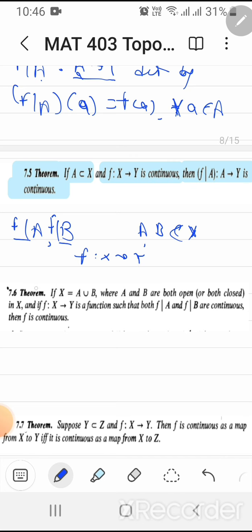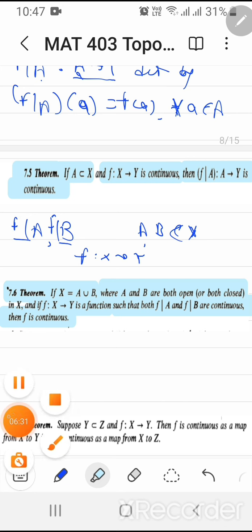Let us see the result: if X equals A union B, where A and B are both open or both closed in X, and f from X to Y is any function such that both f restricted to A and f restricted to B are continuous, then f is continuous.